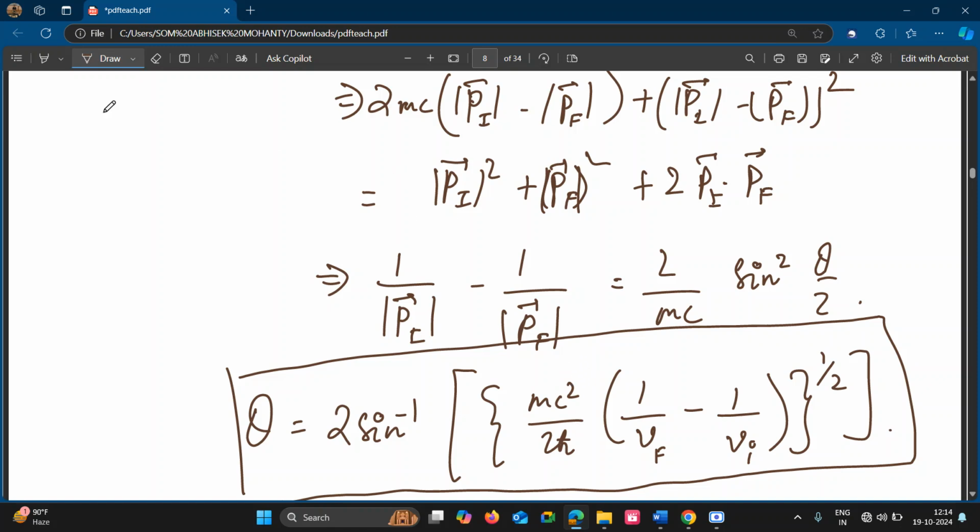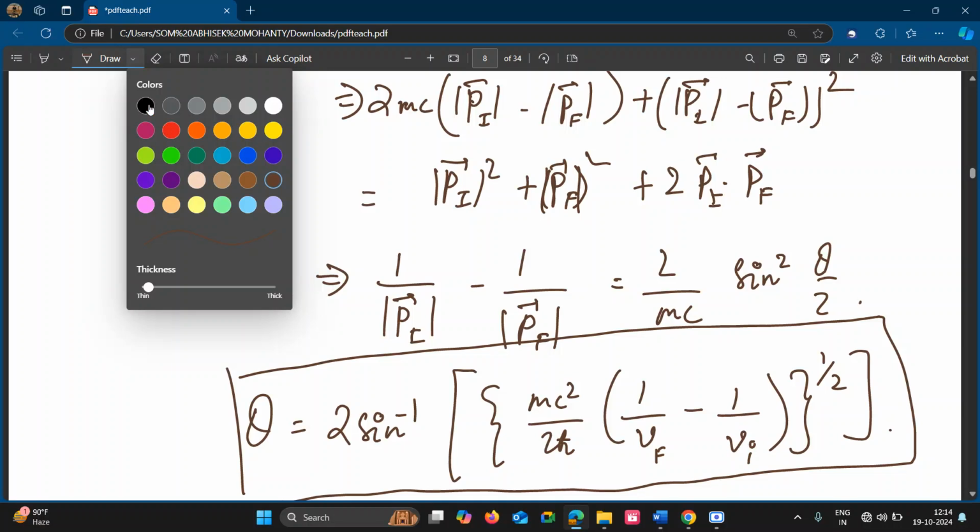Okay, next is over. Next is the four-force. Four-momentum is gone.